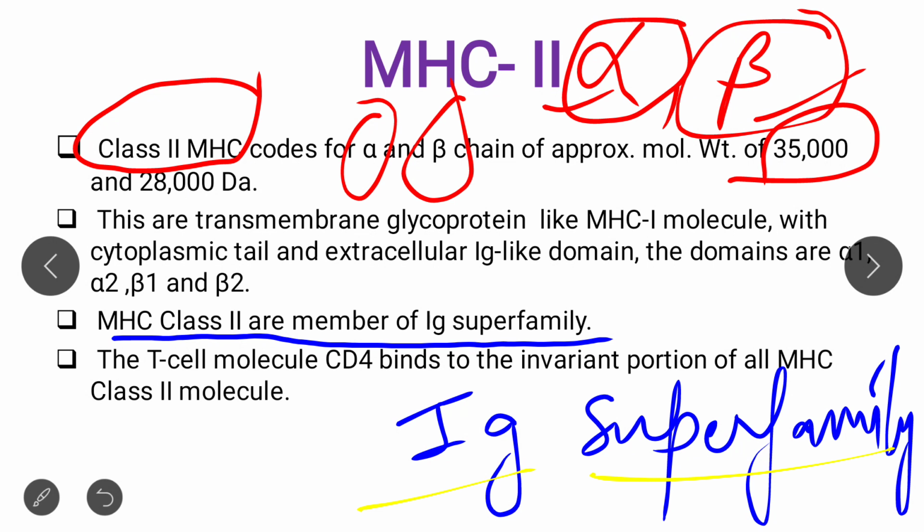Clear? And in case of Class I MHC, we are very much familiar that CD8, which is present in TC, binds to the conserved sequence of alpha 3. In alpha 3, the CD8 molecule binds.